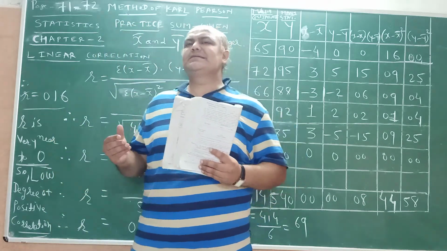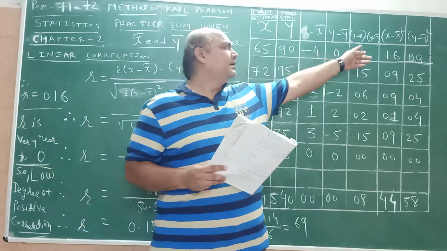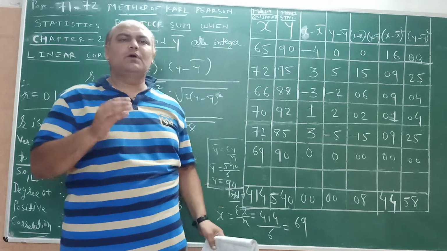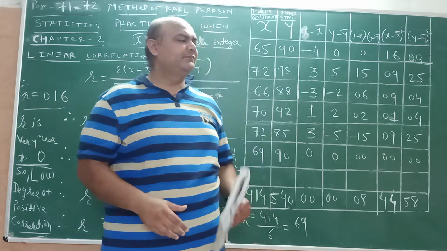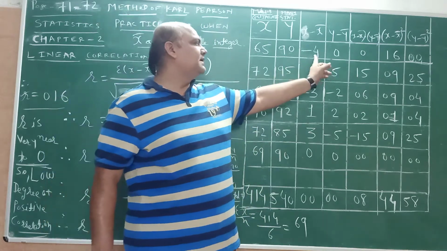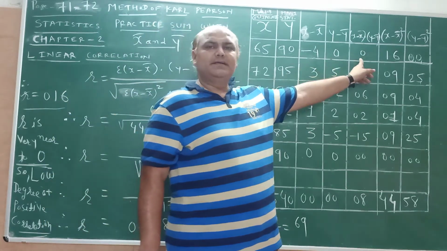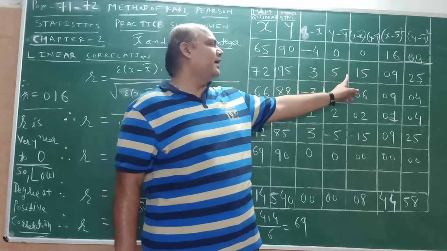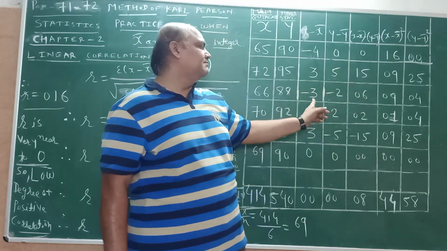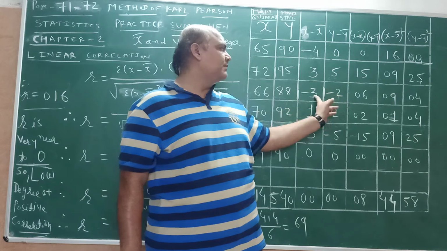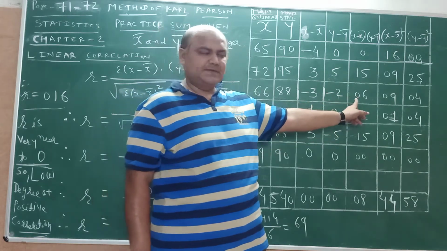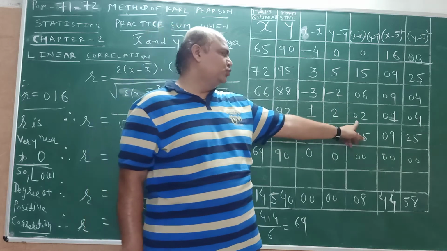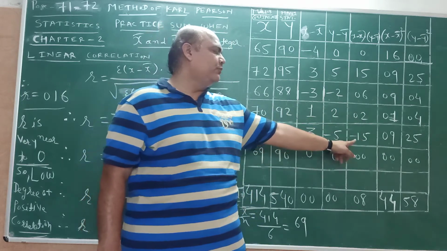Now we move towards our third additional column, that is multiplication of x minus x bar with y minus y bar. Here it is minus 4 into 0, it is 0. 3 into 5, 15. Minus 3 into minus 2, minus minus plus, so 6. 1 into 2, 2. 3 into minus 5, minus 15.